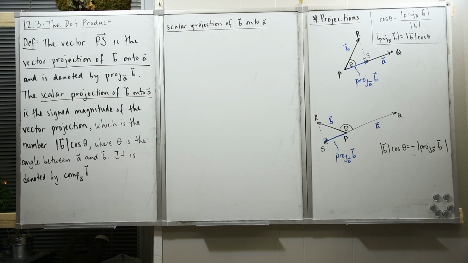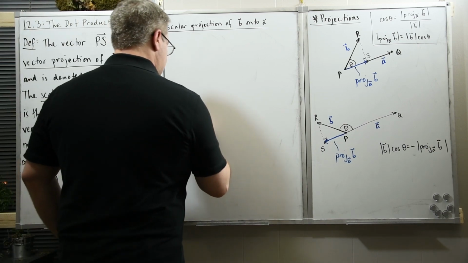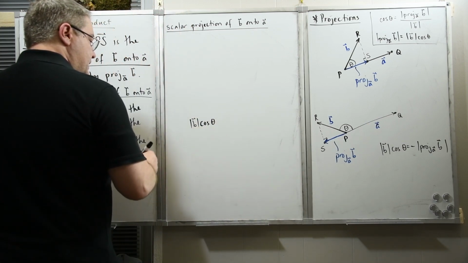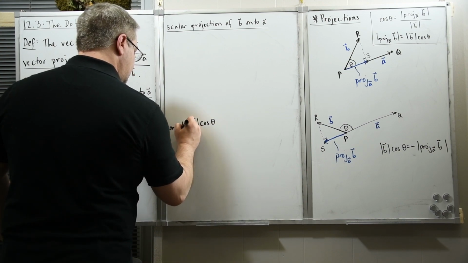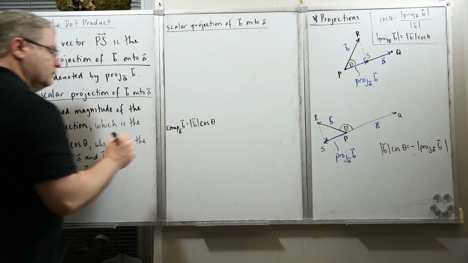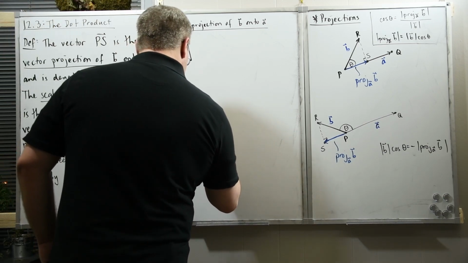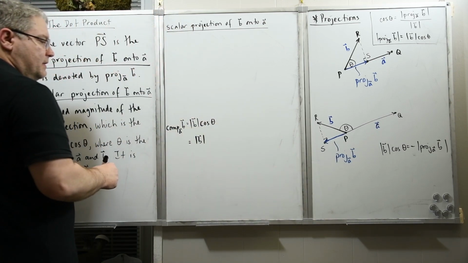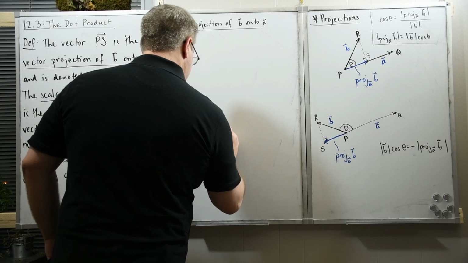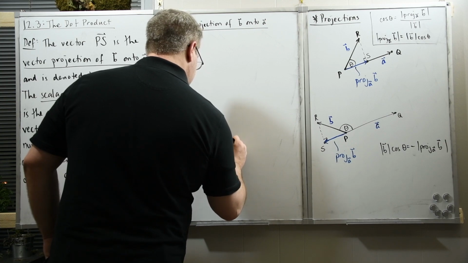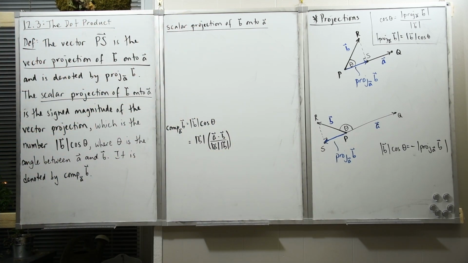All right, so the scalar projection of B onto A. We already know this formula here. We have the magnitude of B times cosine theta. But if you think about what the cosine of theta is, remember theta is the angle between A and B. So you could think of this cosine theta as A dot B over the magnitude of A times the magnitude of B, from the formula from earlier in this video.